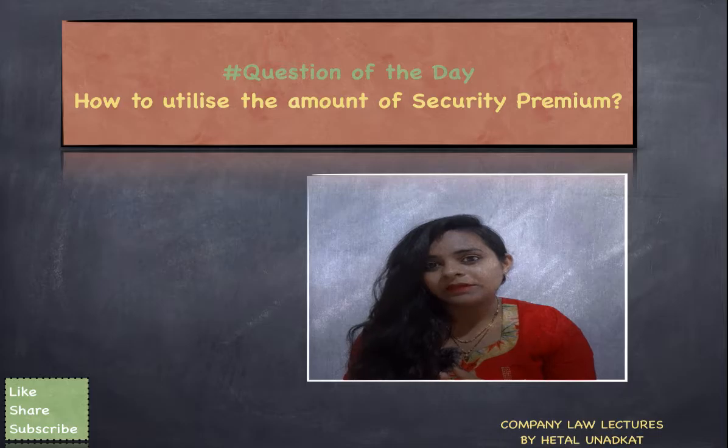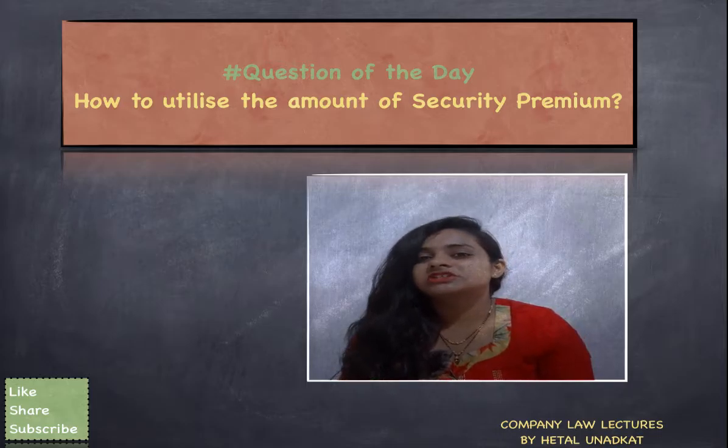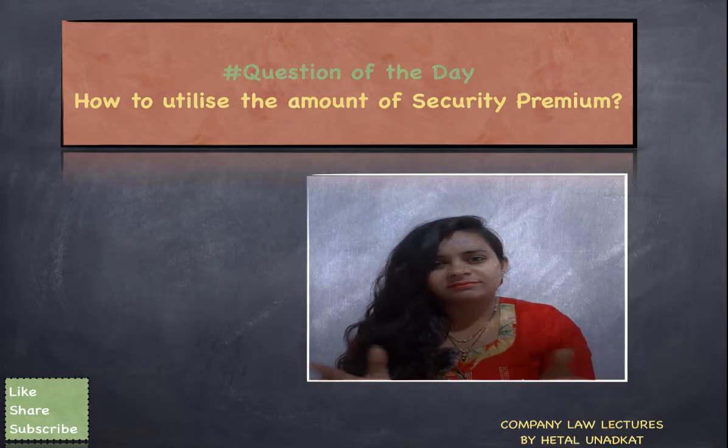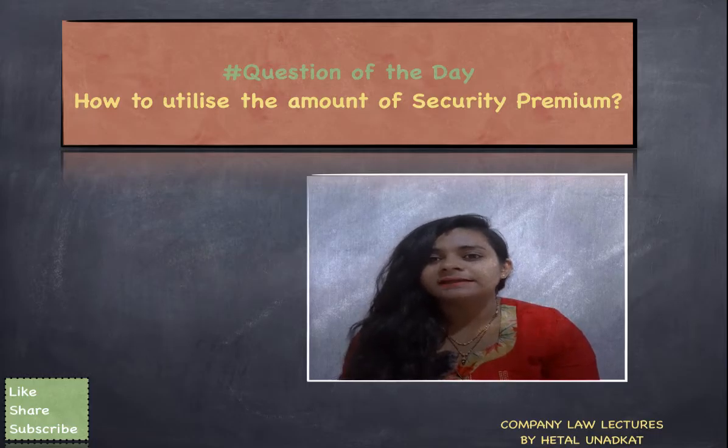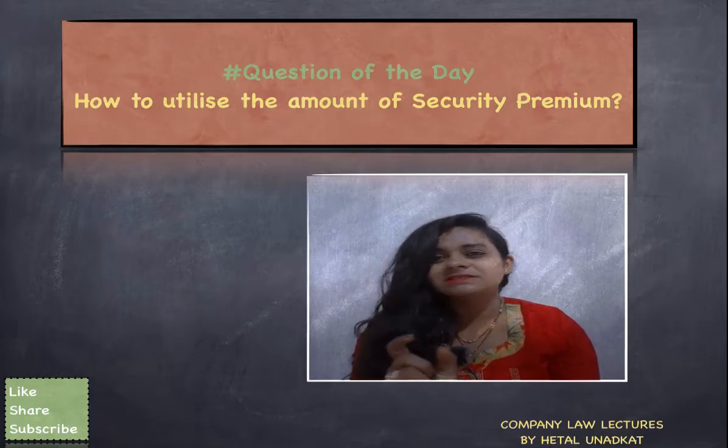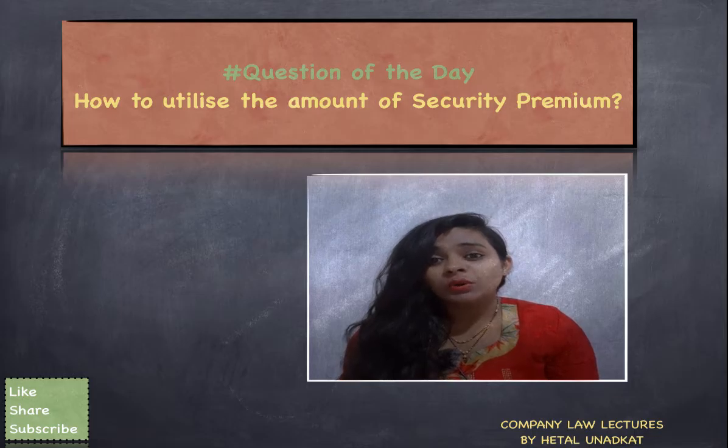For example, we have issued our shares for roughly about 500 rupees in the market. Our nominal value of the shares is 100. So the extra amount is 400. So how do we use that 400?